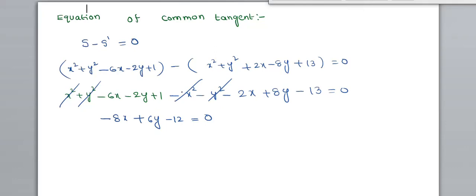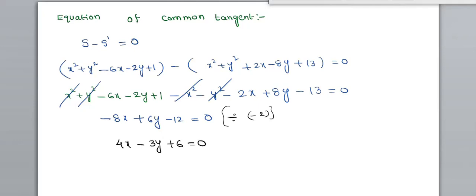So divide each term by minus 2: 2 4s are 8, 2 3s are 6, 2 6s are 12. Okay, done.